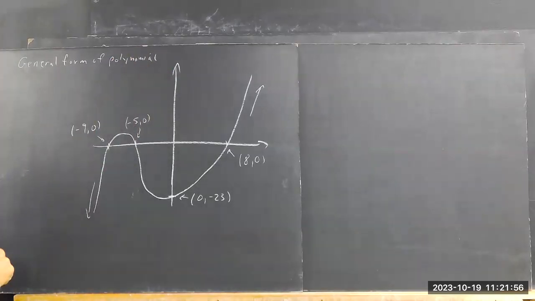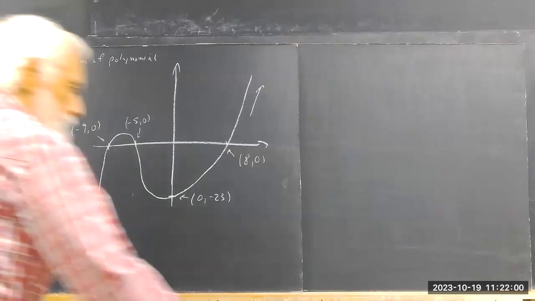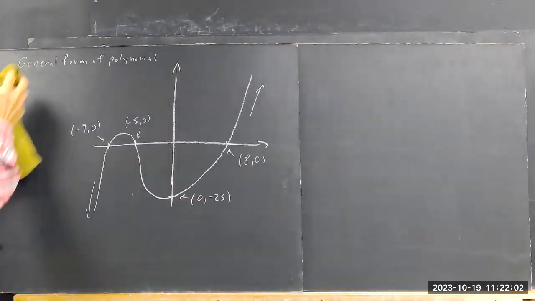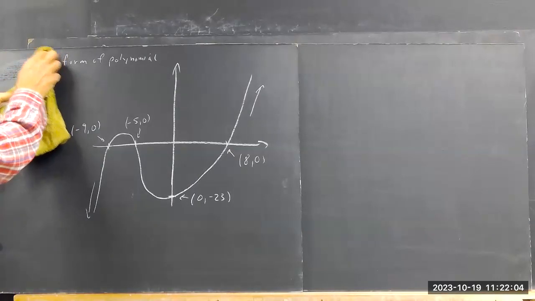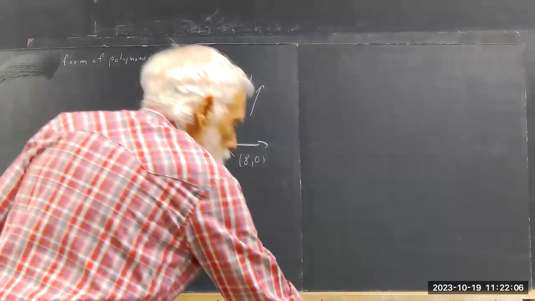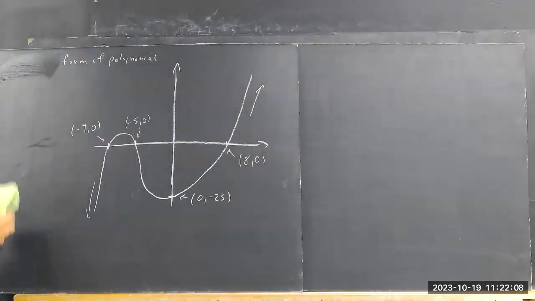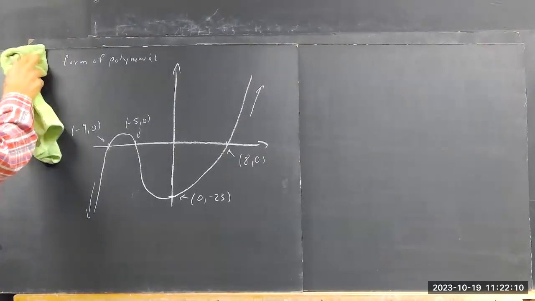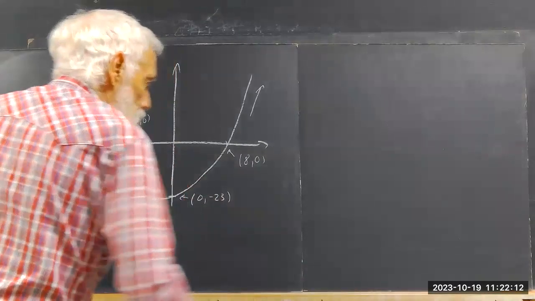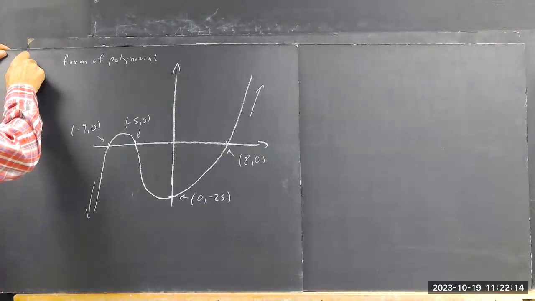I say the general form of a polynomial, and I'm going to change my word, because what you call general depends largely on what you're doing. I'm going to be specific.